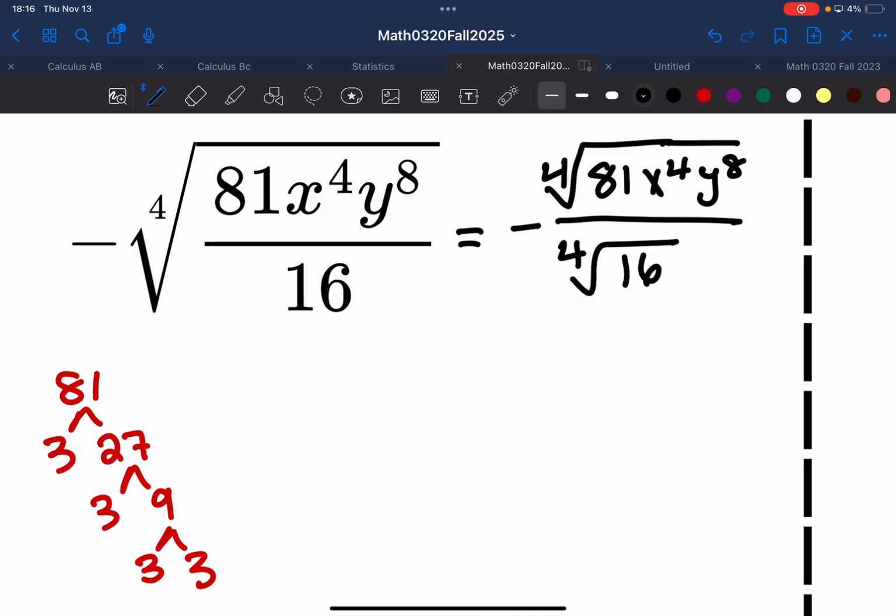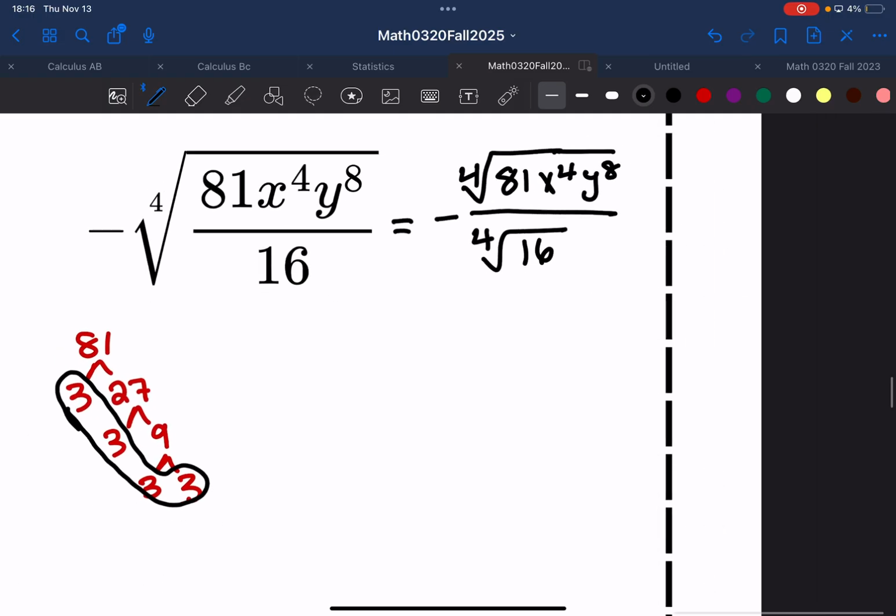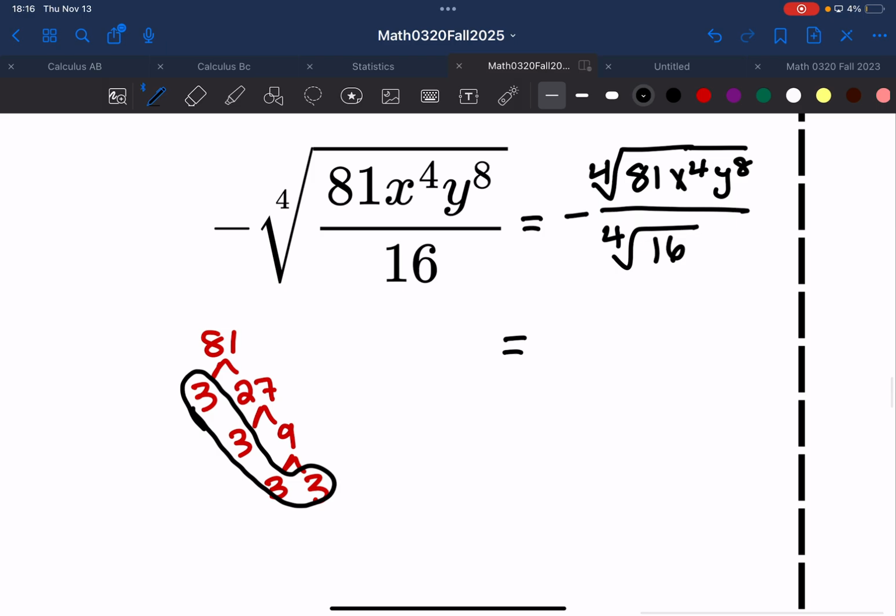So I'm going to end up circling 4 3s. So all of them, right? Which means how many are coming out? 1, right? Because I only circled one group, so one of them is coming out. So far, I have -4 in my answer. That negative is just from the outside I'm going to carry with us. And the 4 is from the 4th root of 81.